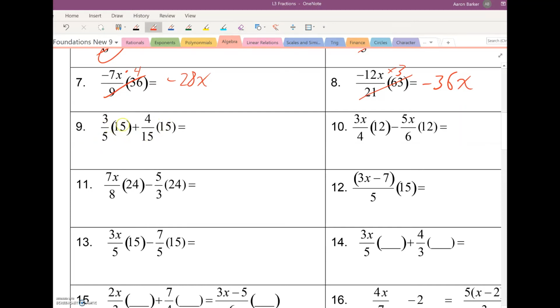So 15 and, but notice here our denominators are different. But what we notice is that this 15 is the lowest common multiple, or LCM. And that's the specific number that we're going to look for.